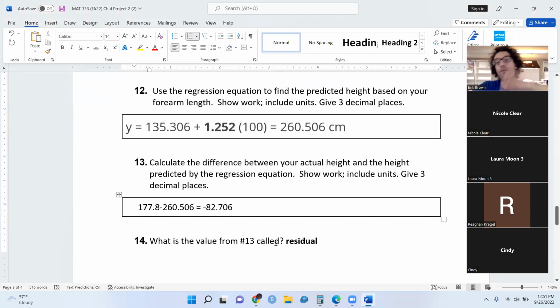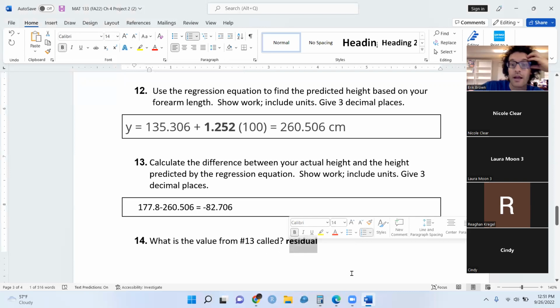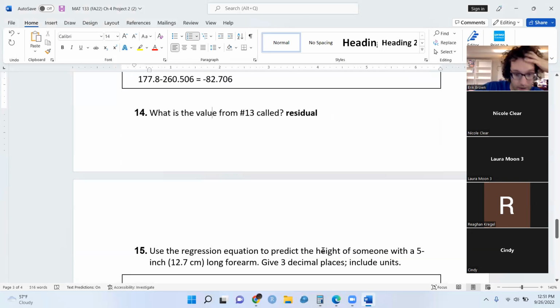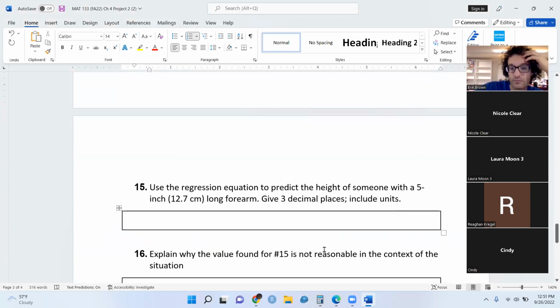You calculate how far off that prediction is, in other words, the residual, and then you mention something about that residual. Does that make sense, y'all? If we were to boil chapter 4 down to its essence, that's it. Find a model.